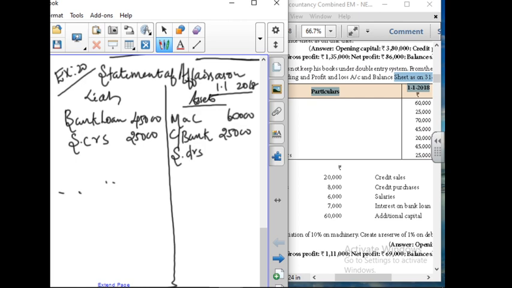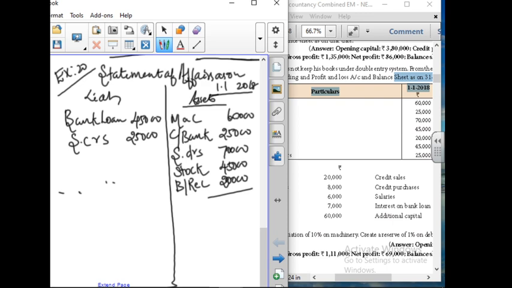Sundry debtors 70,000. Next is your stock, 45,000. Bills receivables 20,000.